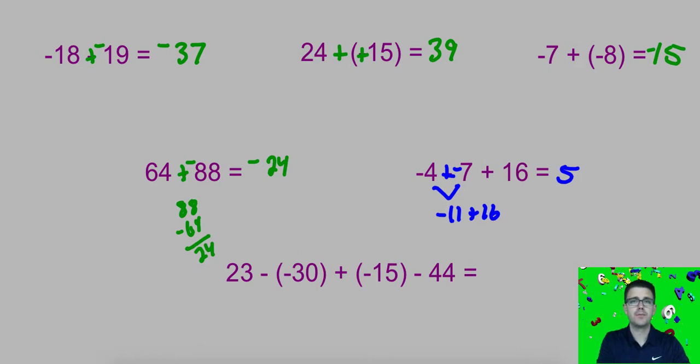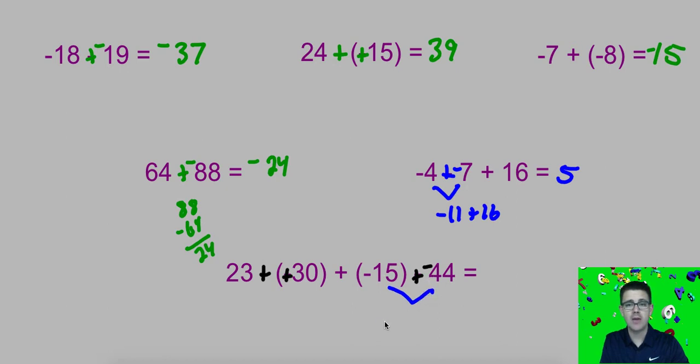One last one. I just kind of scan across the whole problem. Anytime I see subtraction, I change it to adding the opposite. And then I keep going, adding the opposite. Now I come back and I can do the problem. A nice thing to do in a problem like this is, with addition, you can add them in whatever order you want. So maybe I add my two negatives together.